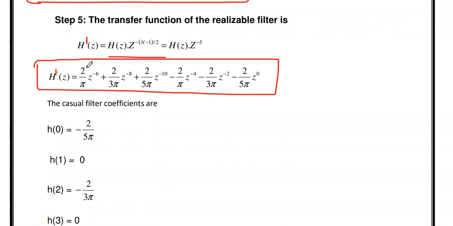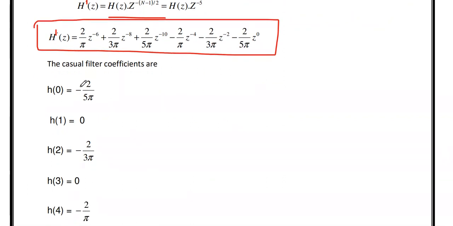Okay, so from that, arrange the terms in ascending order. The first one, the constant minus 2 by 5 pi, then z power minus 2 term, minus 4 term, 6 term, 8 term, 10 term, you just write. Okay, so from that the filter coefficients are, so what is this? This constant term indicates h of 0. So h of 0 is minus 2 by 5 pi. Okay, then is any z power minus 1 term there?